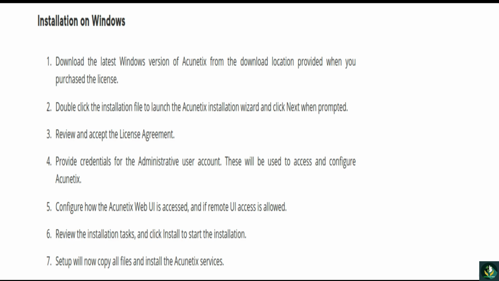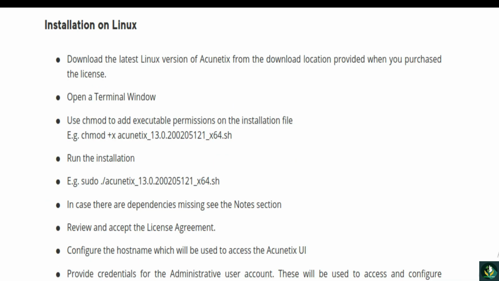Okay, now how can you install it on Linux? Installation on Linux in Acunetix. Download the latest Linux version of Acunetix from the download location provided when you purchase a license, as with the Windows system. Then open a terminal window.